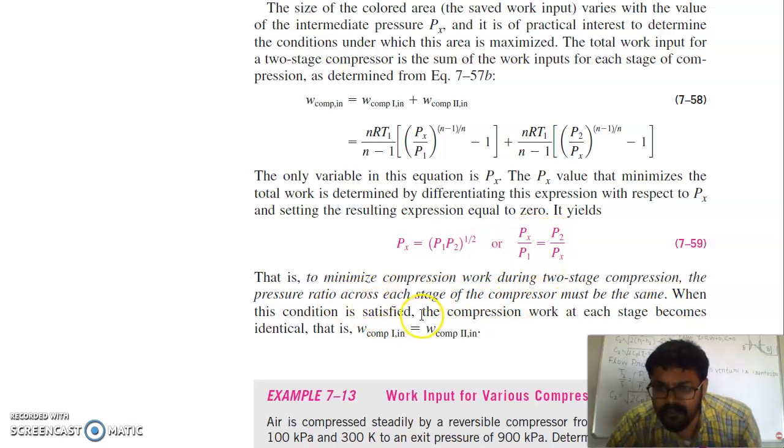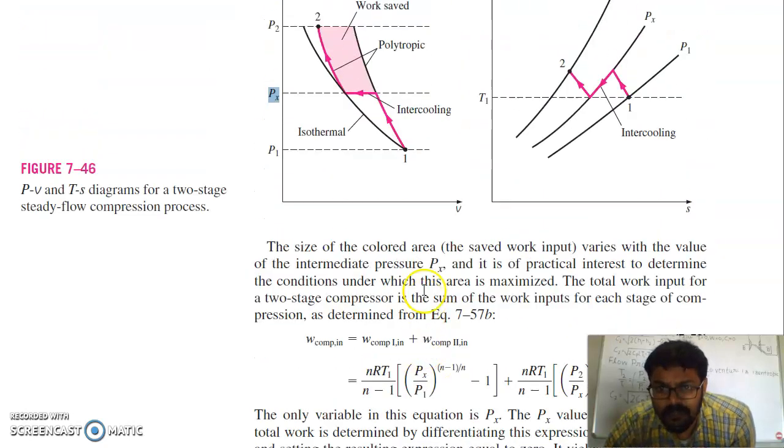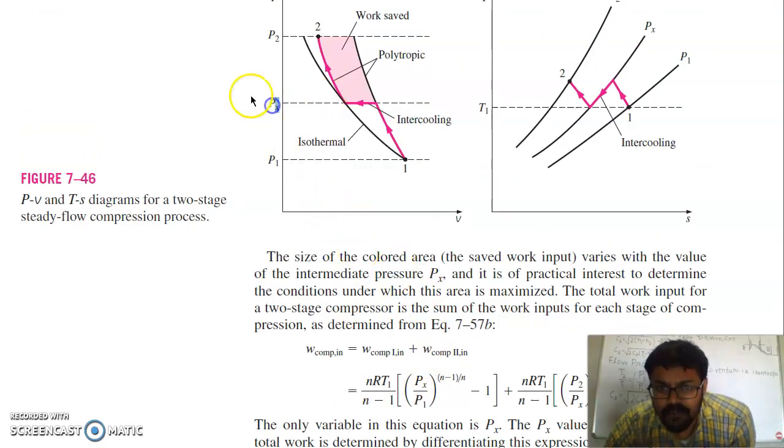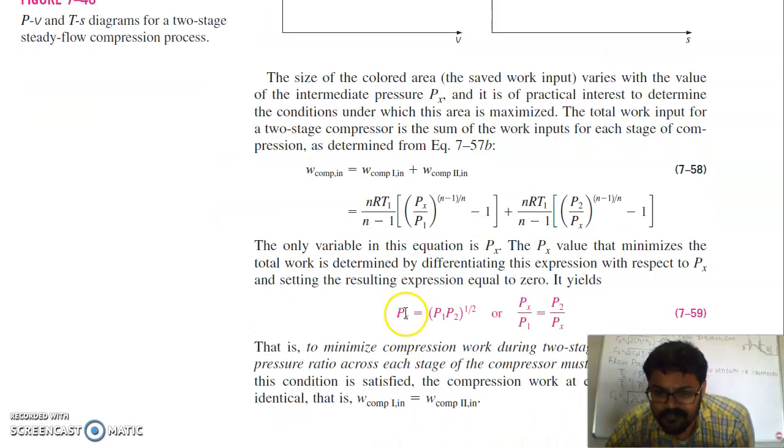For example, if you have to compress a gas from 1 bar to 16 bar, then this Px should be 4 bar. Meaning we will compress gas from 1 to 4, then 4 to 16, so that 16 by 4 and 4 by 1, the pressure ratio for the two stages, must be the same. This is to obtain the minimum work and to make the compressor more efficient.